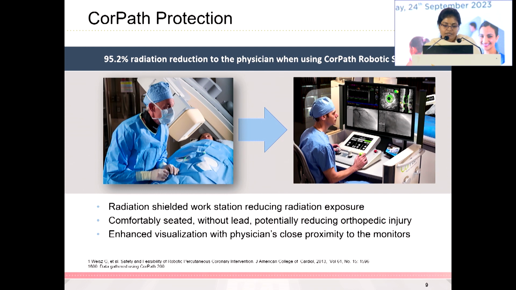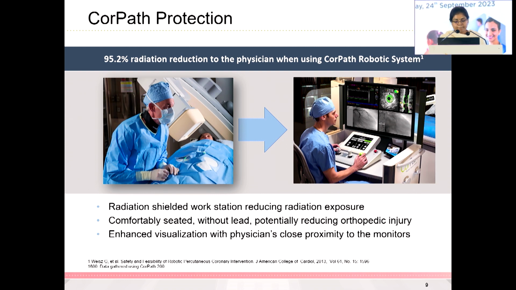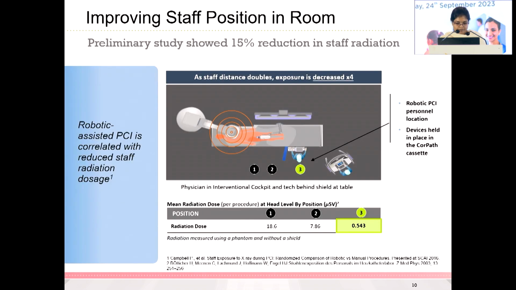So by using this robotic system, the radiation-shielded workstation reduces the radiation exposure to the primary operator. And it also reduces orthopedic injuries by preventing us from wearing heavy lead aprons. And also, because the monitor is situated close to the interventionalist, we can see the angiographic videos at close proximity, which enhances the estimation of lesion length and lesion severity more accurately.